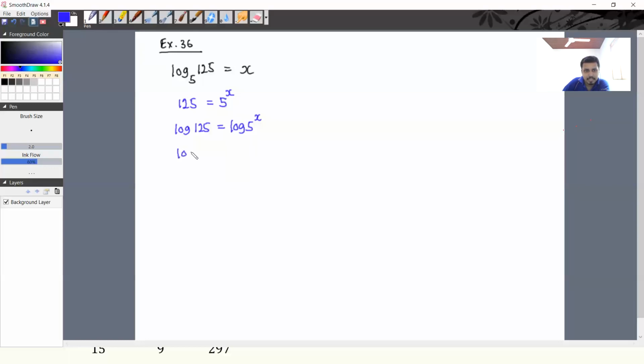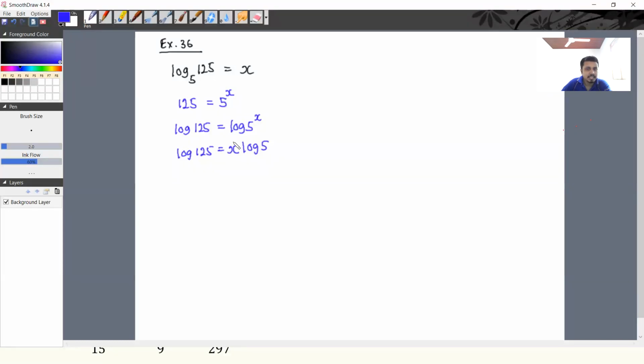For both the right-hand side as well as the left-hand side, we have applied log. Now, log of 5 to the power x we should be able to rewrite by taking this power value to the front. Then it will become x into log of 5, using the third rule. Then I need to make this x the subject.